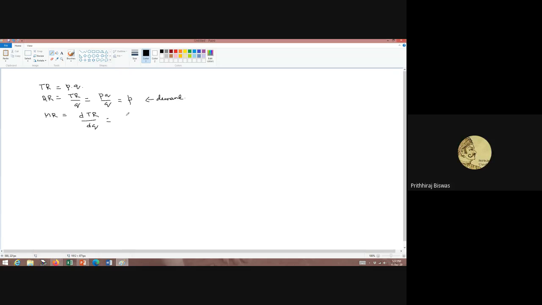P plus Q into dp/dq. You've just derived this. Right? We can write this as, right? MR equal to this.